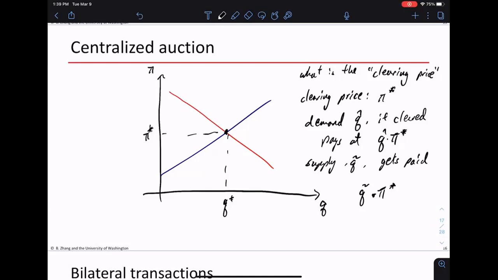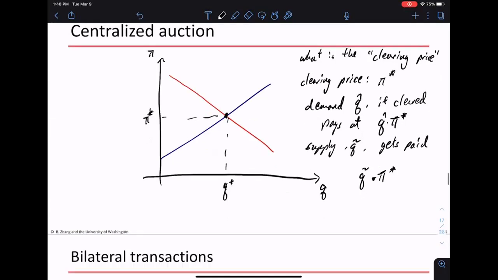For example, the European grid does not use this payment scheme, using something else. The US grid, or the North American system, mostly uses it. So let's see why we would want to use this payment scheme compared to something else.